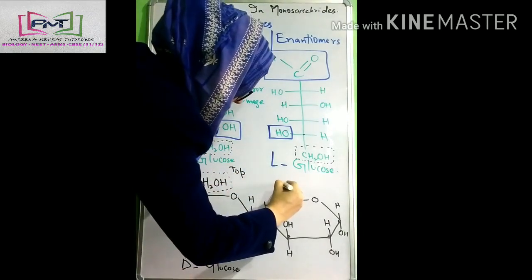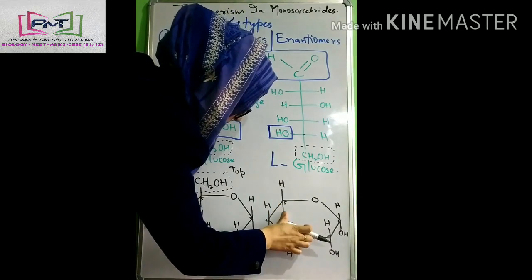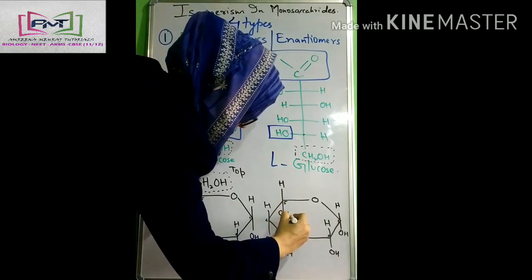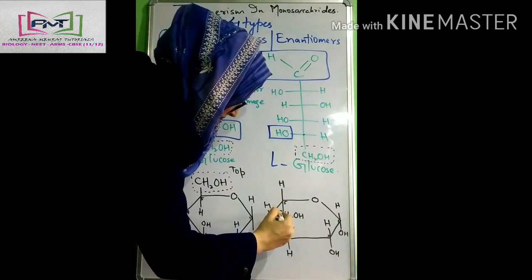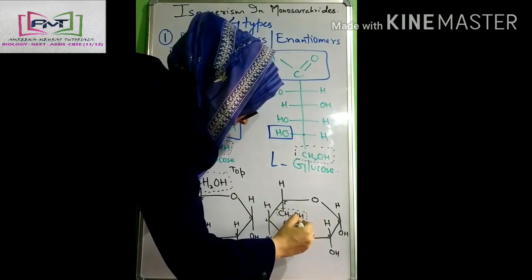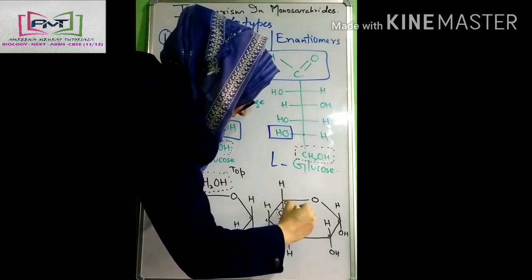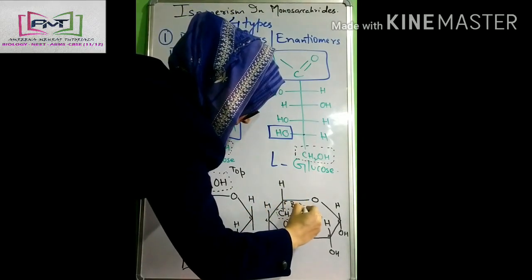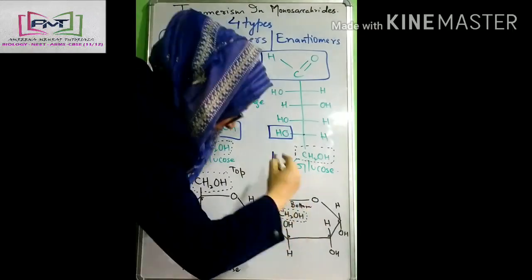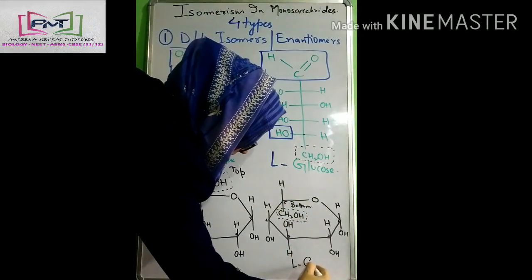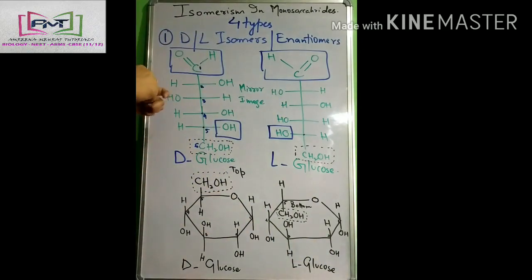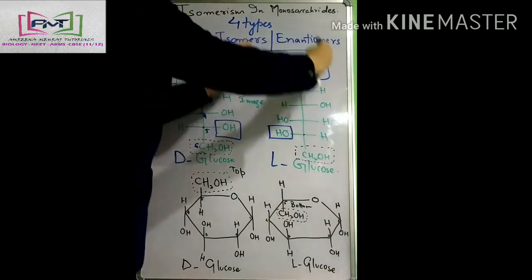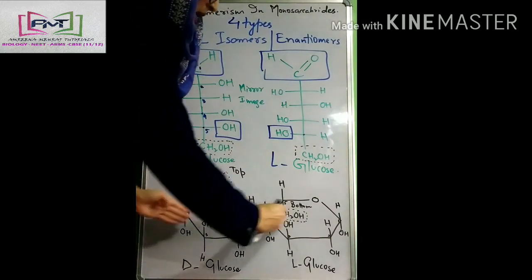So H will go up and you will have CH2OH over here, towards the bottom, in the lower position. This is your L-glucose. So you have D and L isomers in open forms as well as in closed forms.